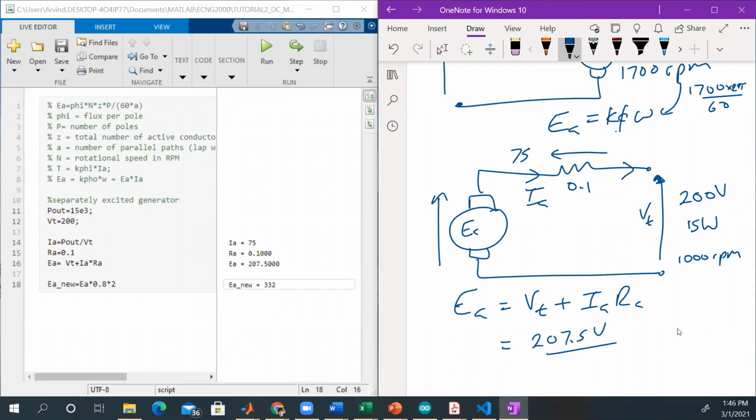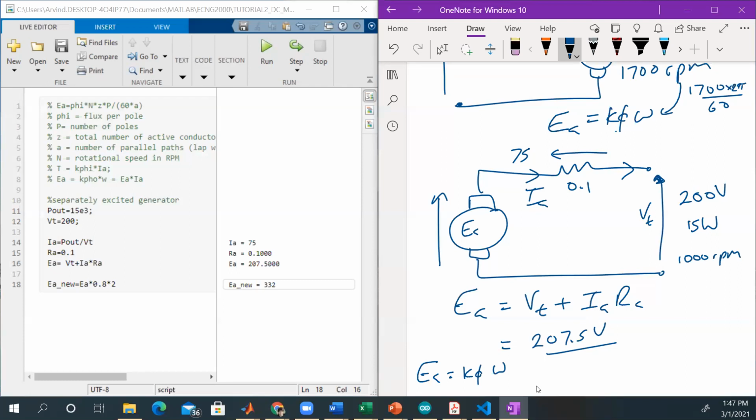Now we want to find the generated EMF when the conditions are altered such that the flux is reduced by 20% and the speed is doubled. So if we reduce the flux by 20%, remember here we have EA is equal to K phi by omega. So I'm doubling the speed, right?